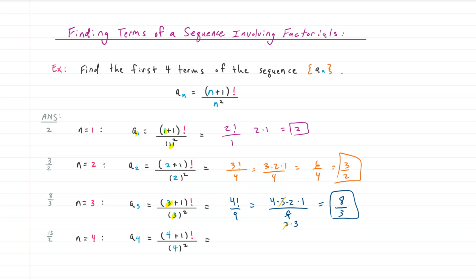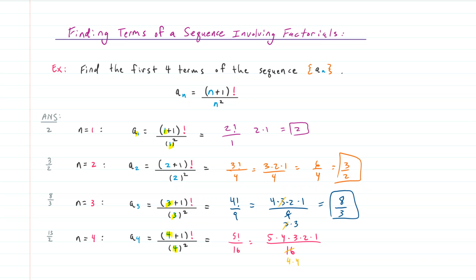And the fourth term, again, everything stays the same. We just change n to 4. So we've got 4 plus 1, which is 5 factorial, all over 4 squared, which is 16. 5 factorial is 5 times 4 times 3 times 2 times 1, all over 16. Well, 16 can be written 4 times 4.